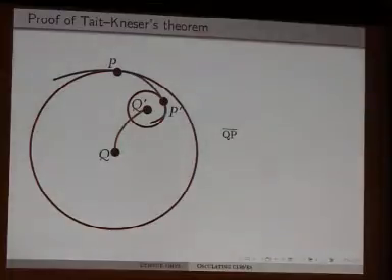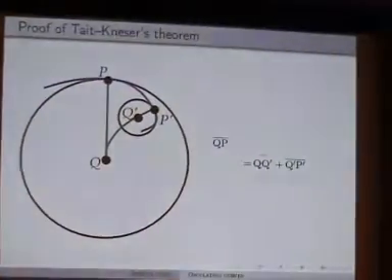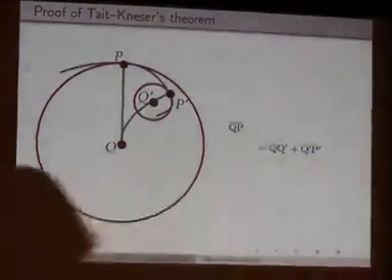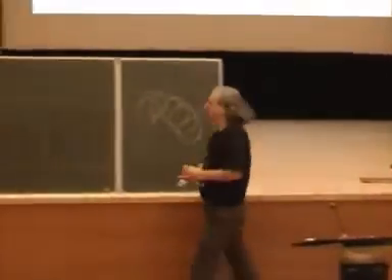You take a string, and you put this string at the point Q, and you tighten it from Q to P, and then you fold the string along the curve Q prime. When this string folds, the point P will follow the original curve, the blue curve. This is the classical, very well-known fact.